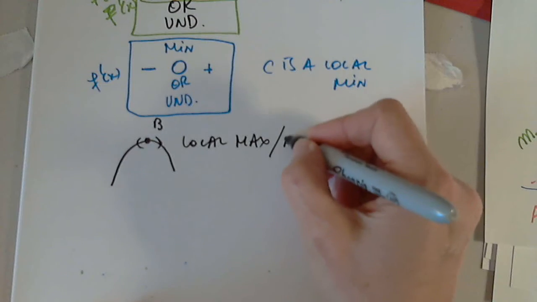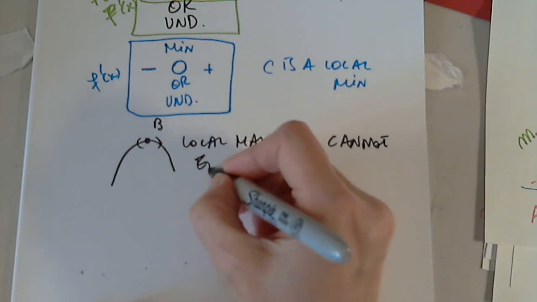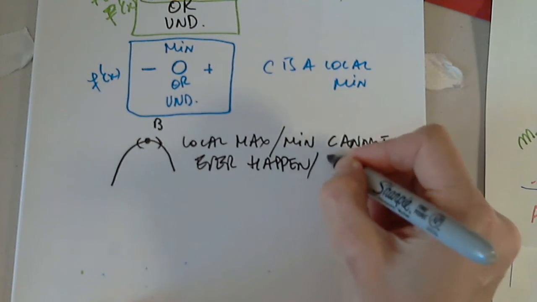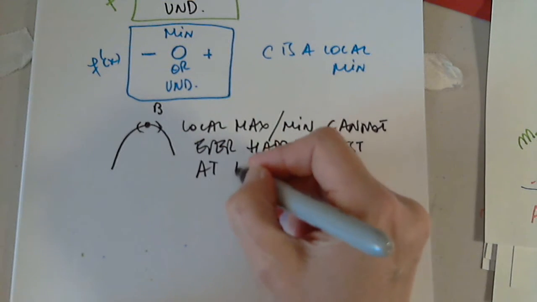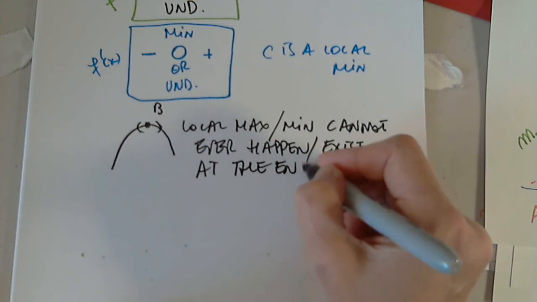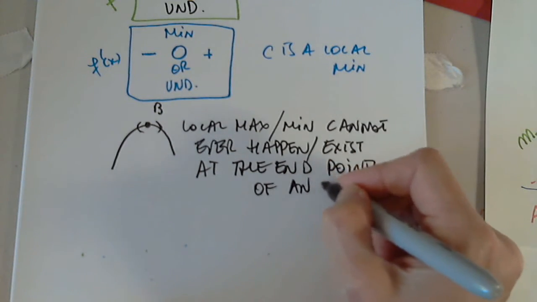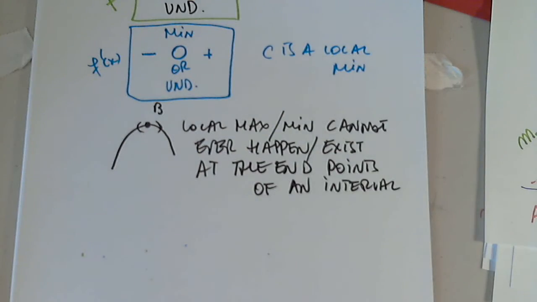So local max or min cannot ever happen or exist at the endpoints of an interval. Never ever.